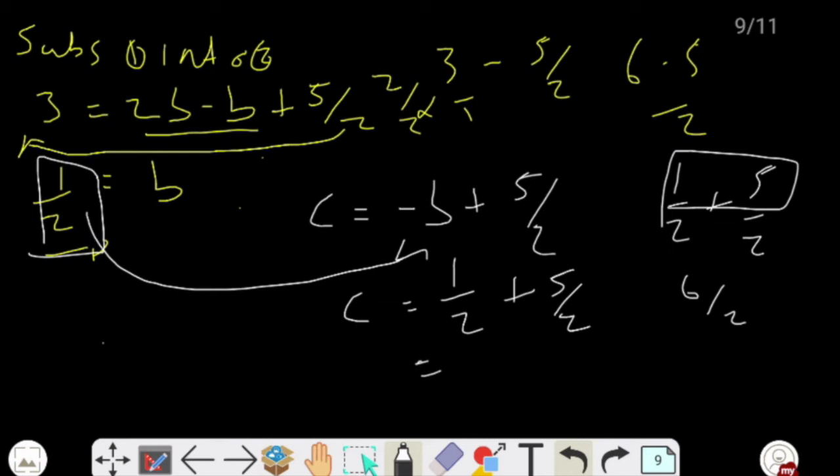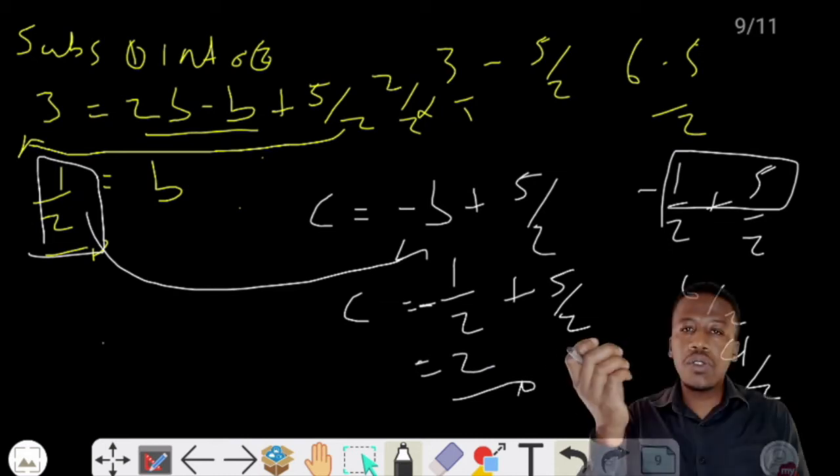Remember here it's minus, so it's minus a half. So it's going to be 4 over 2, which is c equals 2.